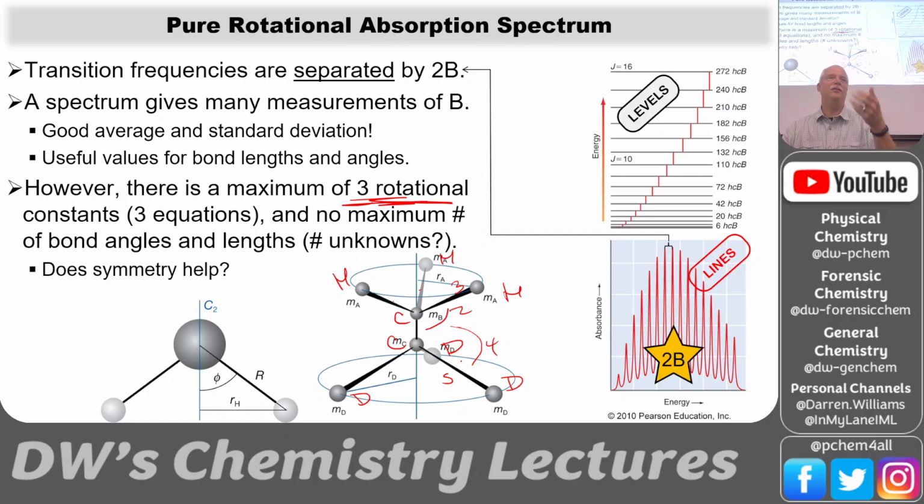So isotopic substitution is the way they did this back in the day for rotational spectroscopy to solve the bond lengths and angles of all of these small molecules. So that's just kind of neat. We're not going to do that because it's really complicated, but it's neat. But that is a fact that you should take home in your head, that changing the isotopes doesn't change the bond lengths. It just changes the masses.